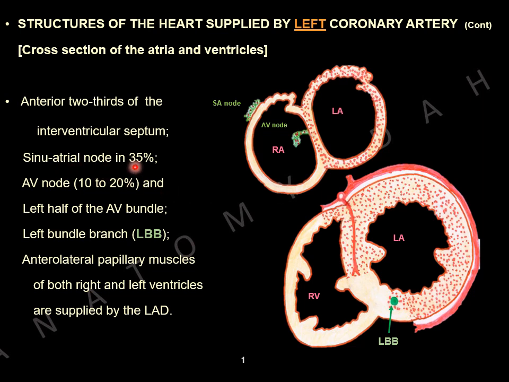Sinoatrial node in 35%, AV node in 10 to 20%, left half of the AV bundle, left bundle branch, anterolateral papillary muscles of both right and left ventricles, all are supplied by the LAD, left anterior descending branches.